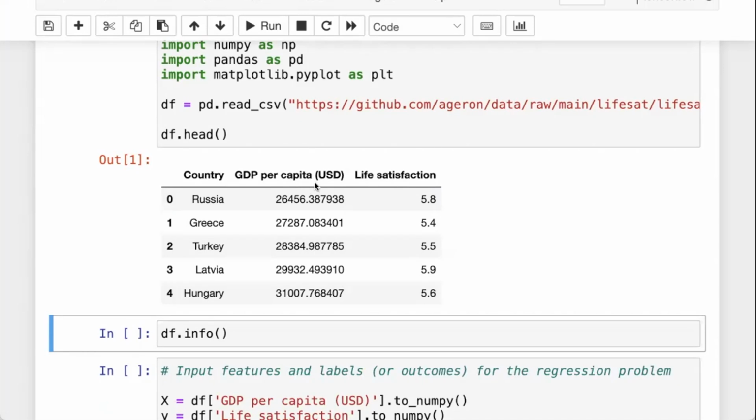So here the goal is that we want to think of this GDP value or score as the input or the X variable that we had, and then life satisfaction is the output or Y. So the goal is that we are able to train a linear regression model such that in the future, if we have a new country with a given GDP, we are able to predict the corresponding life satisfaction score.